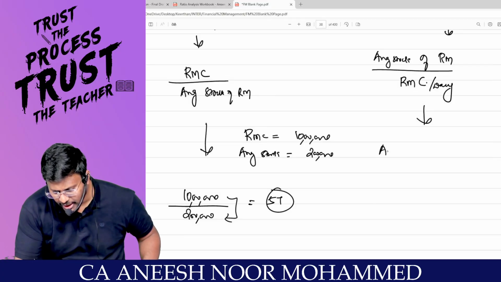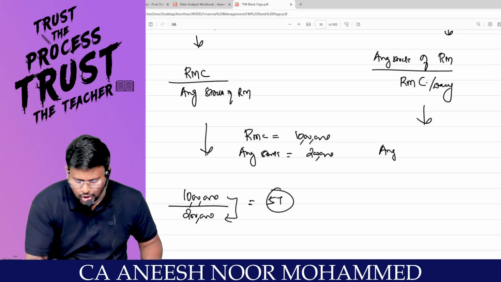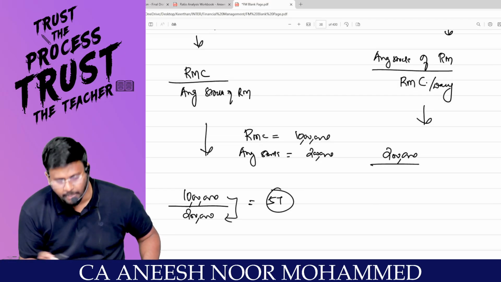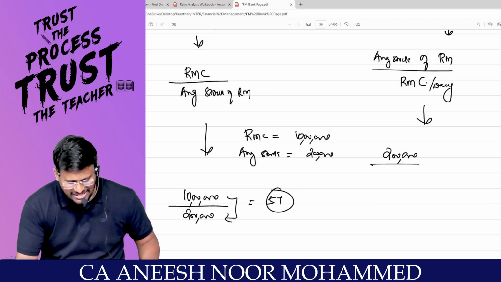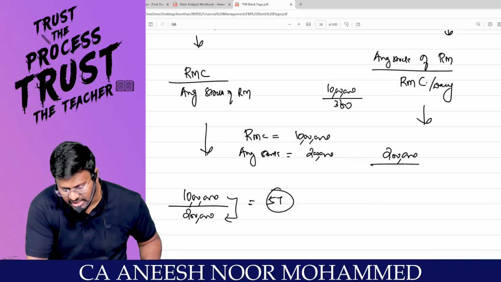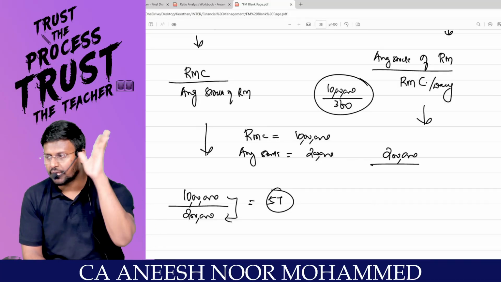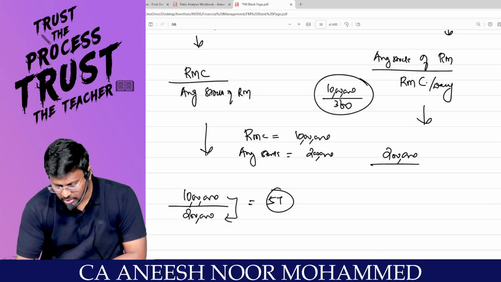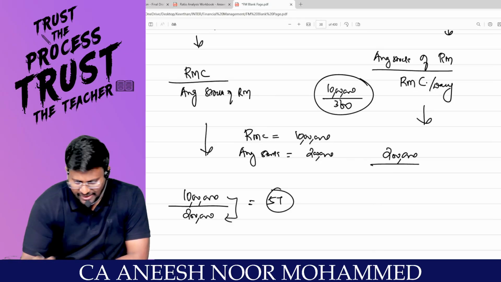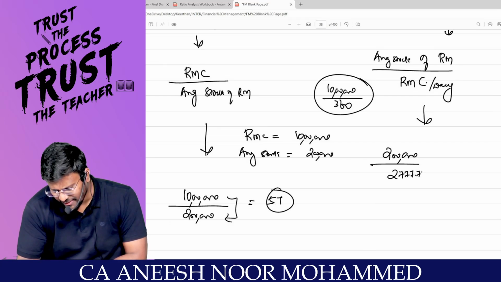So, raw material holding period is equal to average stock of raw material, which comes to 2 lakhs, divided by, sir, what is the raw material consumed? 10 lakh. So, 10 lakhs divided by 360 means every day I have consumed 2777.77, right?